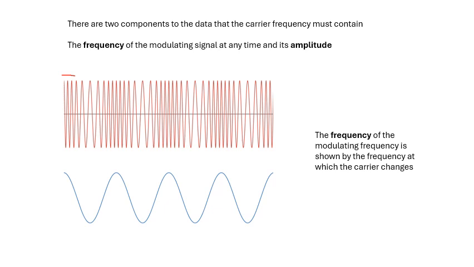Where it's a trough, these waves are further apart, and then it's a peak and they're closer together, and it's a trough. And so the variation of the frequency matches the audio frequency, and that is how you carry the information about the frequency.